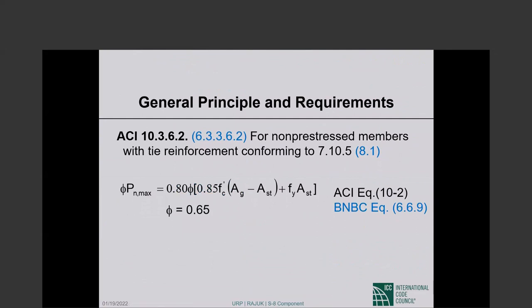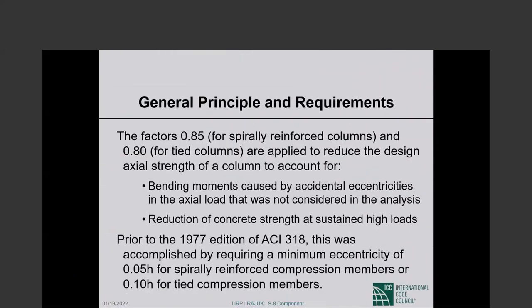For spirally reinforced columns, it is 0.85, and for tight columns, it's 0.80. Also, the phi changes from 0.75 to 0.65. So those two things happen as you go from a spirally reinforced to a tight column.